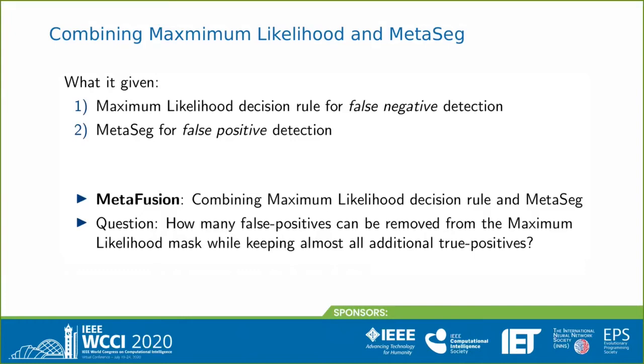So this is a false positive detection. The intuitive next step is to combine these methods, and we term this method MetaFusion. The interesting question now is, how many false positives can we remove from the maximum likelihood mask by applying MetaSeg while keeping all additional true positives that we obtain by increasing the sensitivity towards predicting the rare class?